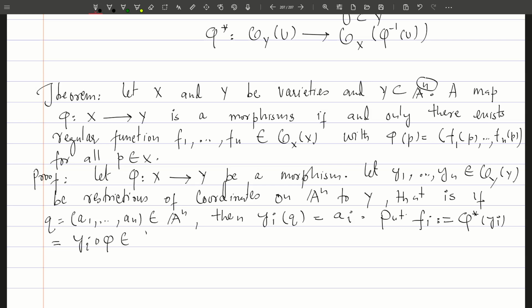So this is regular on x because phi is a morphism. The reason is that yi is regular on the whole of y, so phi pulls back these regular functions to regular functions because we have assumed that phi is a morphism.